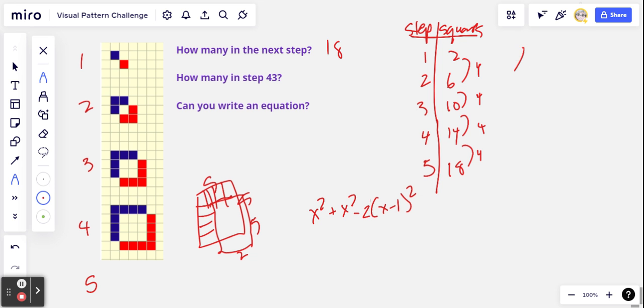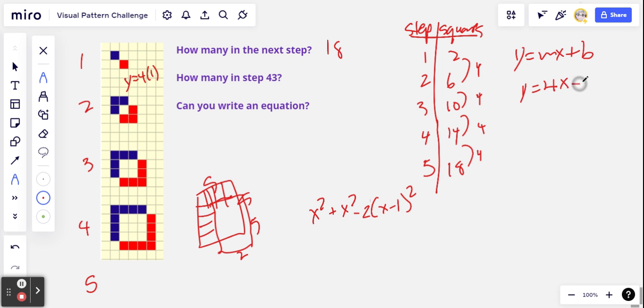So our equation for a line is y equals mx plus b, and this constant rate of change of our pattern is going to be our slope. So y equals 4 times x. And then to determine what that b is, we try it out. We try out this stem of the equation with step 1. So y equals 4 times step 1. 4 times 1 would be 4, but we've got 2 here.